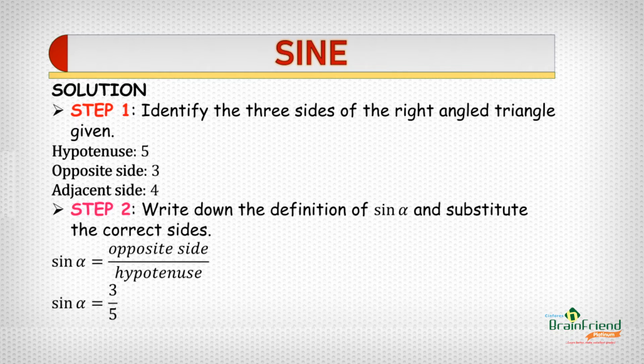The opposite side is 3 because it is opposite the angle alpha. And the adjacent side is 4 because it is beside the angle alpha. Step 2. We write down the definition of sine alpha and substitute the correct sides. Our mathematical expression for sine is opposite side divided by hypotenuse. So substituting our values, we will have sine alpha is equal to 3 over 5.